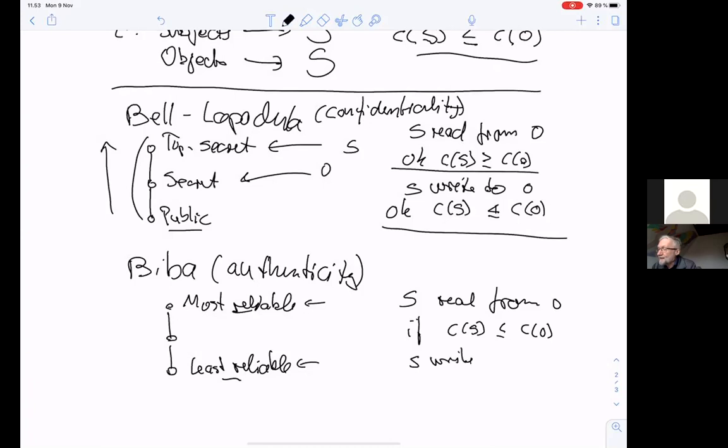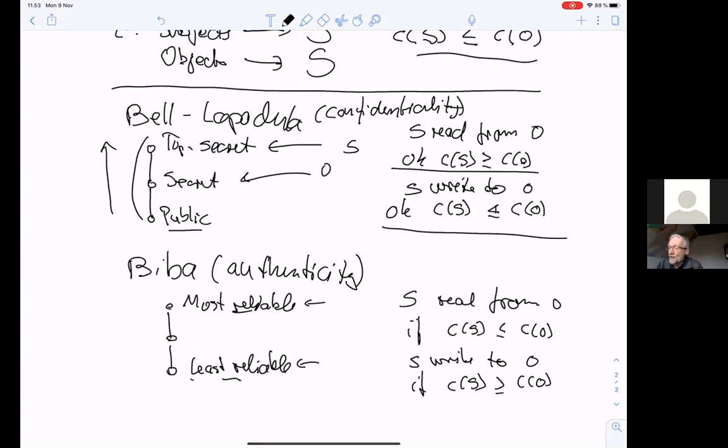On the other hand, when are you allowed to write to an object O? Well, we can say if the classification of the subject is more than the classification of the object. So the idea is that if I'm a subject that has access to really reliable information, I can write down.